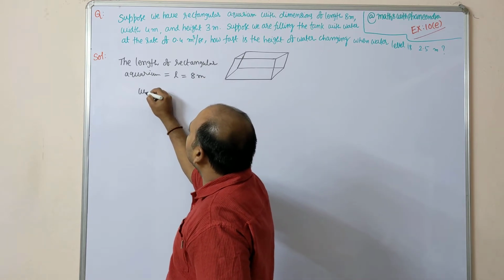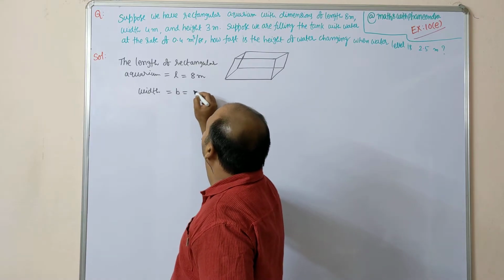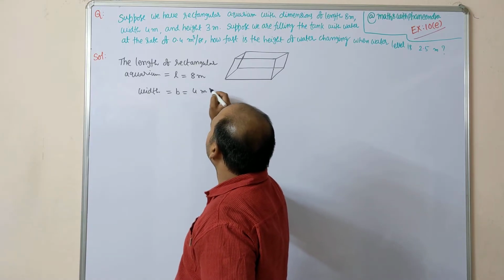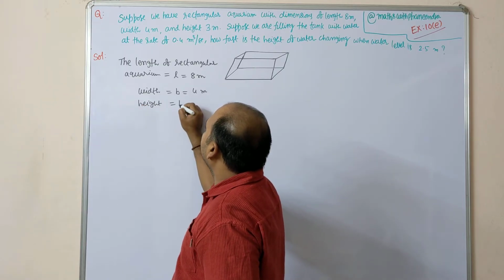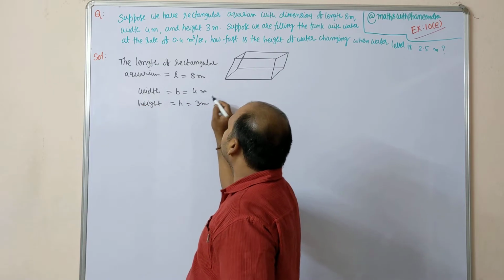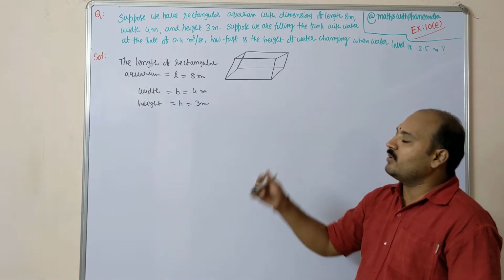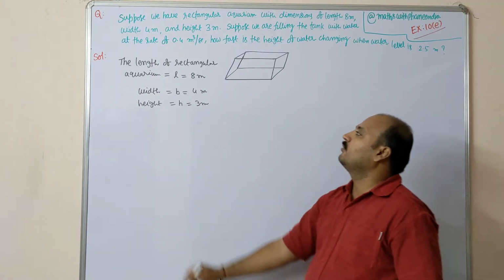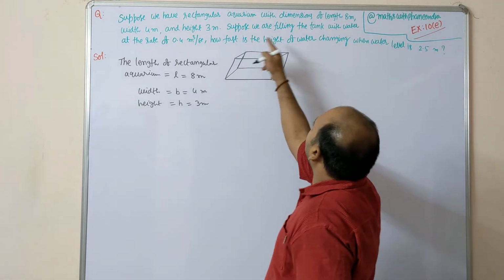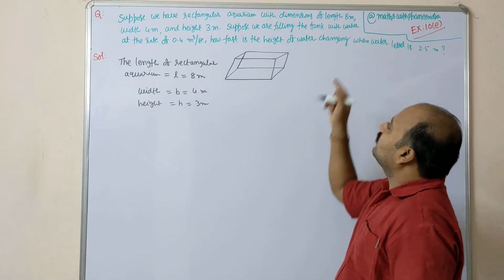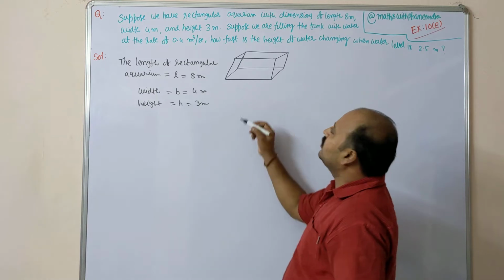Similarly the width, I am assuming B, is 4 meters, and height H is equal to 3 meters. So the information is given: the length, width and height of the rectangular aquarium, the L, B, H values provided.